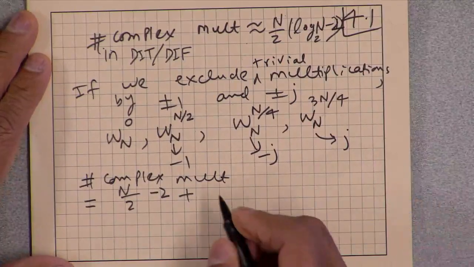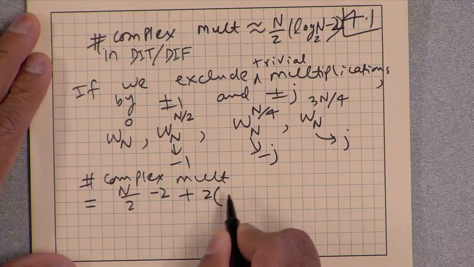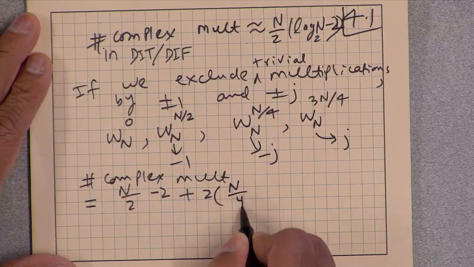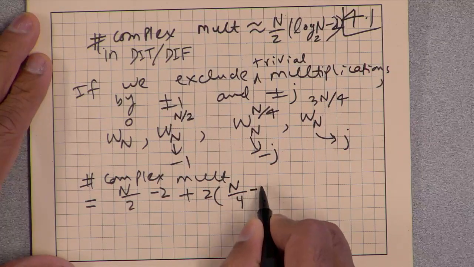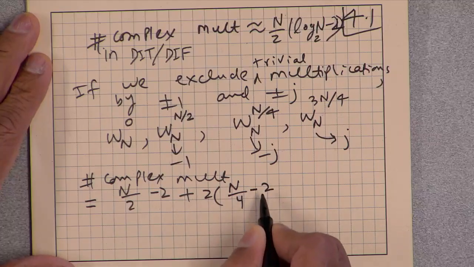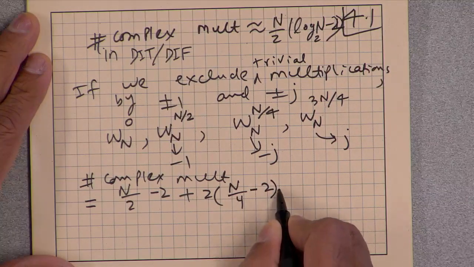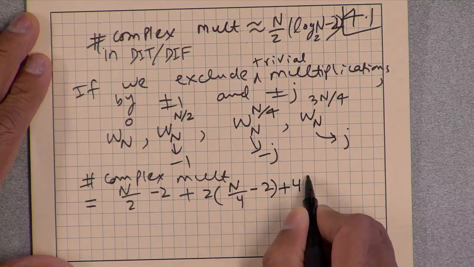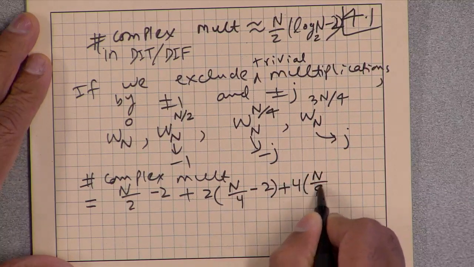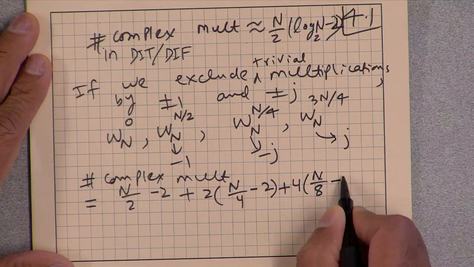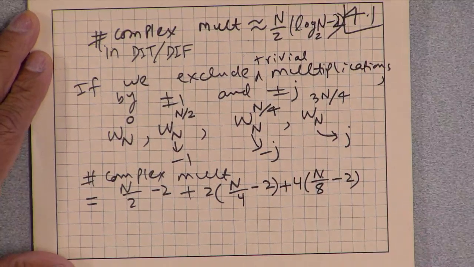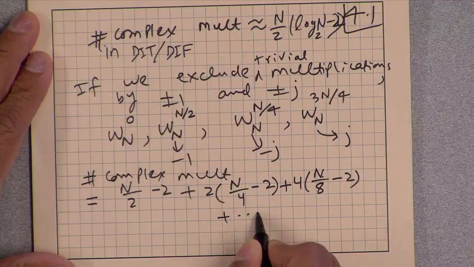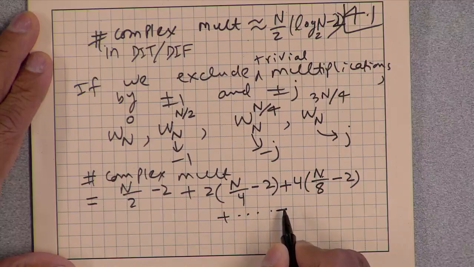The next one, there are two groups of n by 4, and in each group of n by 4 there are two trivial multiplications, so I can subtract them. In the next stage, 4 groups of n by 8, and in each group of n by 8 there are two trivial multiplications, all the way up to how many terms total?